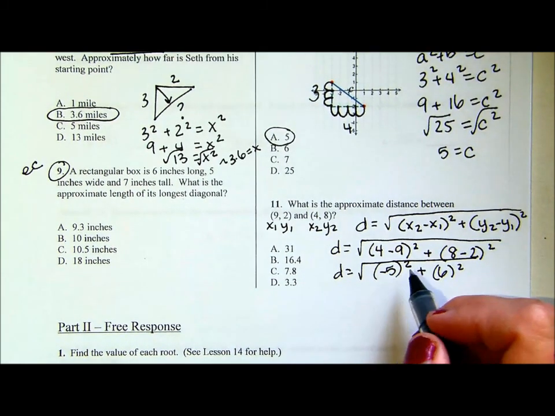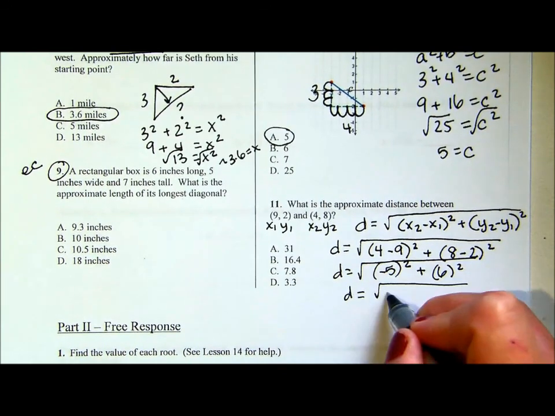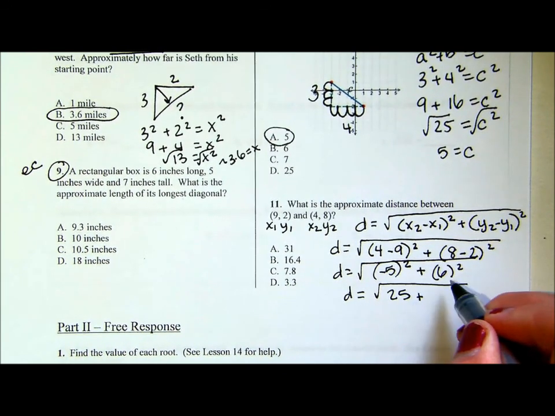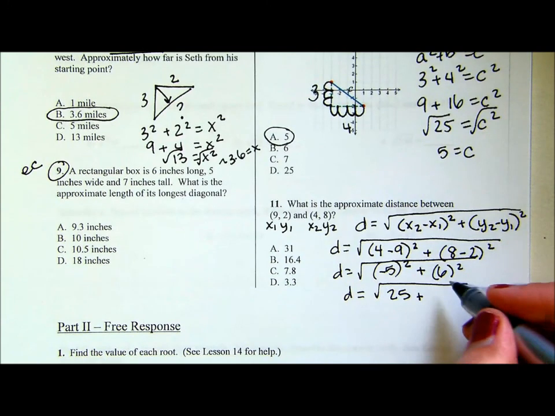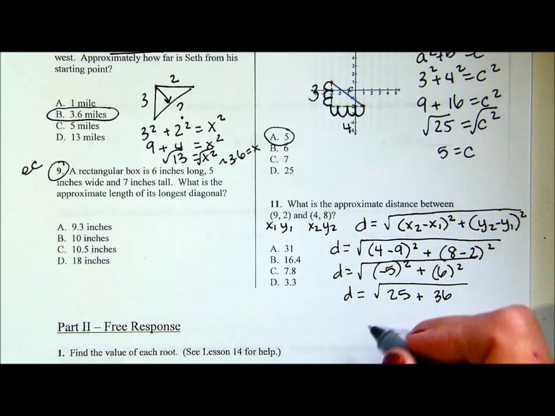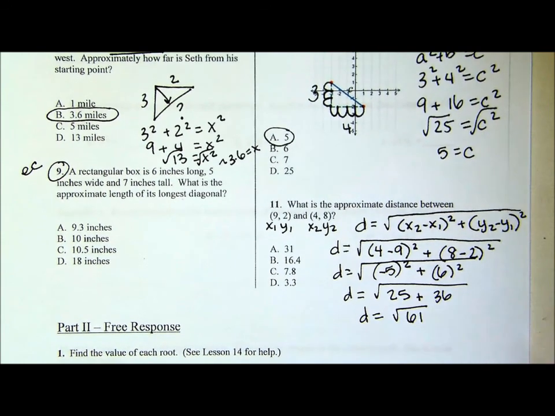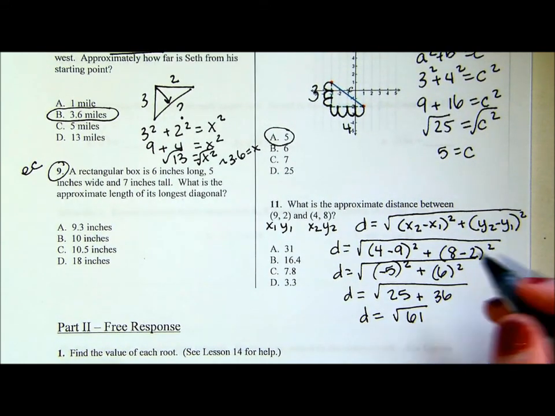Negative 5 in parentheses squared is going to give us 25, so we get D equals the square root of 25 plus 6 squared. 6 squared is 36. Add these two together, you get 61, so I get D equals the square root of 61. Square root of 61 is going to give me approximately 7.8.